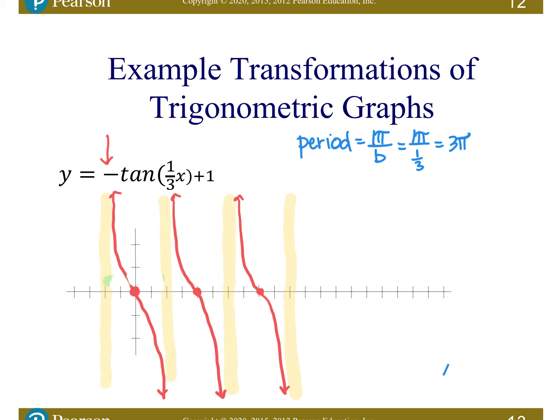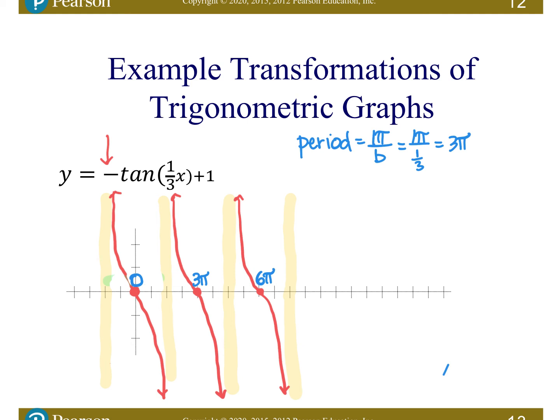All right, so the easiest one is to start with your origin, which is at 0. So the next repeating one has to be at 3 pi. They're equally spaced, and so the next one has to be at 6 pi, and the next one after that would have to be at 9 pi, et cetera. Then how do we find our labels for our asymptotes?